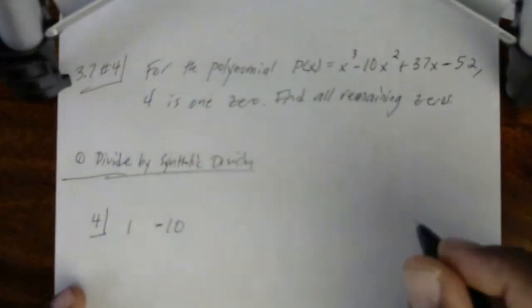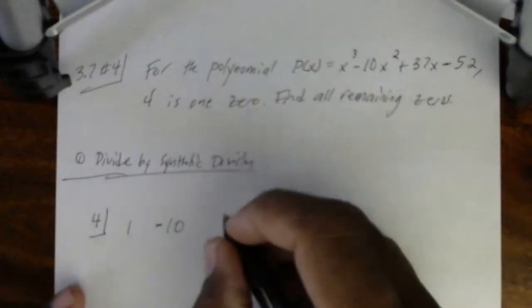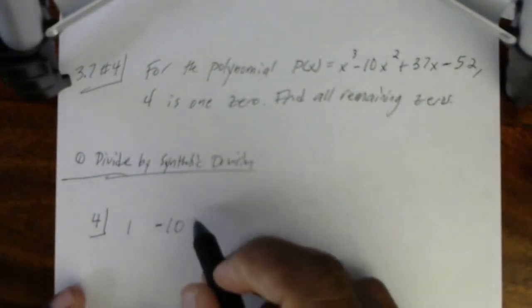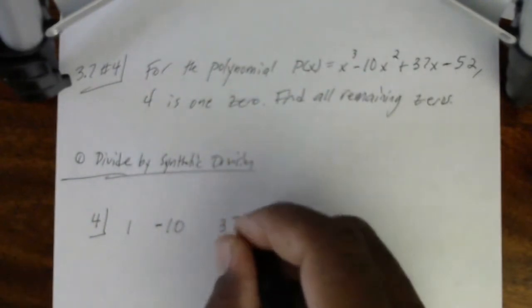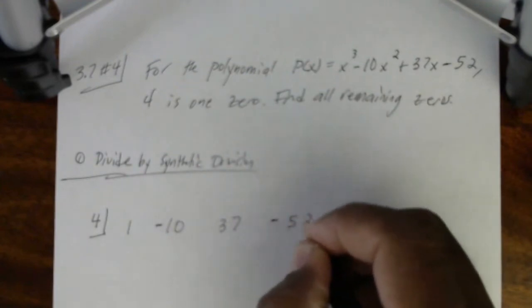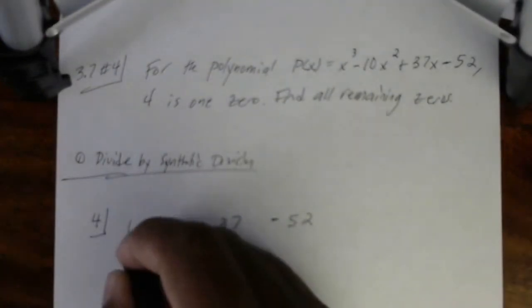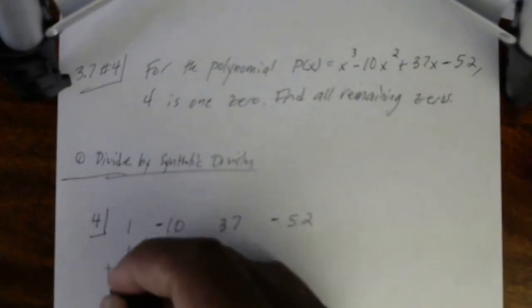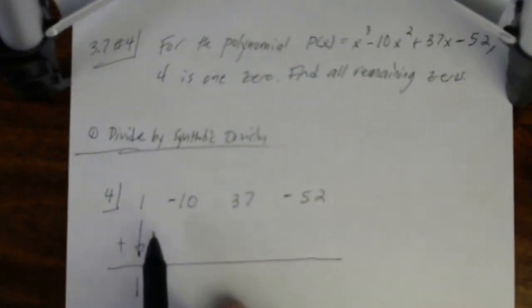Negative 10 is the coefficient of 2nd degree term. So notice I'm keeping my sign. 37 is the coefficient of my 1st degree term, and negative 52. So remember, the basic setup for synthetic division is that our first number always comes down and we add.